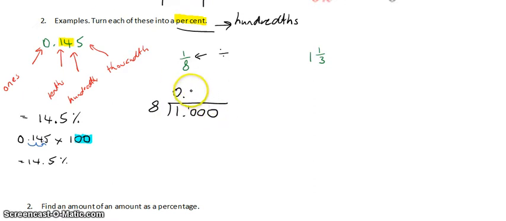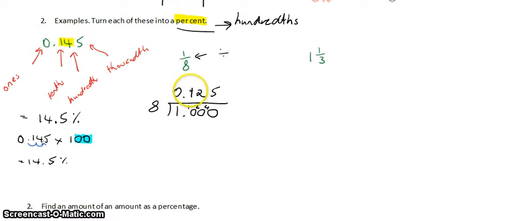8 into 10 goes once, with 2 remaining. 8 into 20 goes twice, with 4 remaining, and 8 into 40 goes 5 times. And we have our decimal fraction that we know can be turned into a percent by thinking of our hundredths place and replacing that word hundredths with percent.